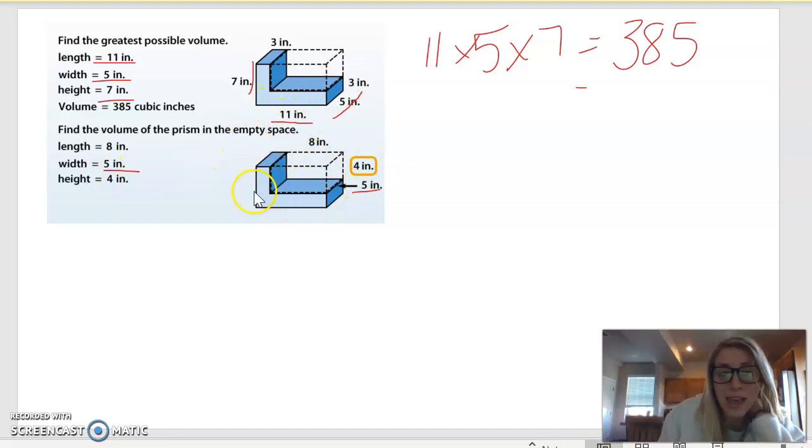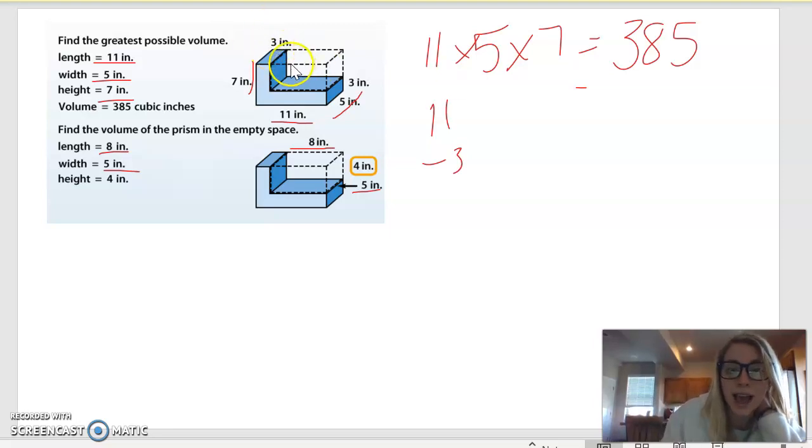However, the length here is going to change, okay? Because you see the length up here has 11 inches, but we're not using all 11 of those inches. So they gave you the information that it was 8 inches there because they did 11 inches minus 3 inches, because they have this part of the length labeled right here as 3 inches.